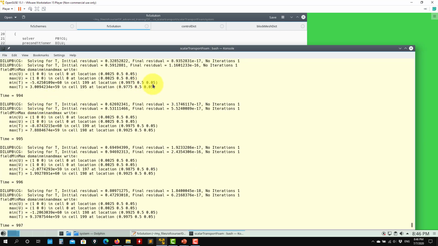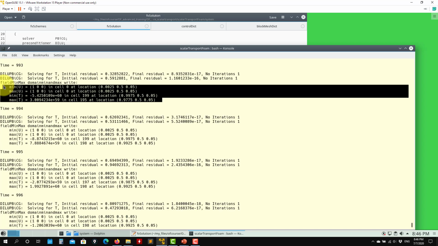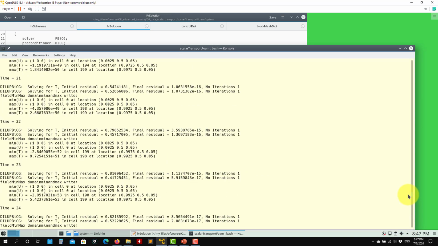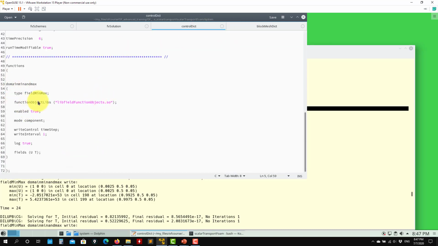This is what I mentioned, that it's always important to monitor minimum and maximum values, because if you don't monitor this, you will say, okay, my solution is converging, and you are wasting 1,000 iterations. If you were monitoring that, you would realize at the beginning that, look at that, there is something wrong there. So to put the minimum and maximum is here; you enable or disable that.